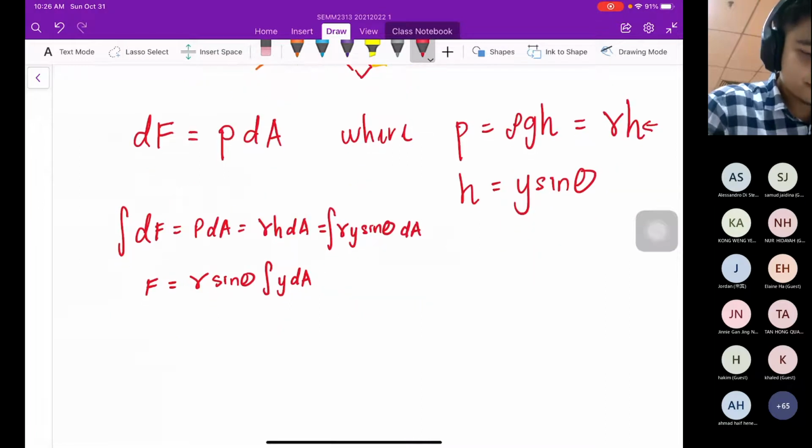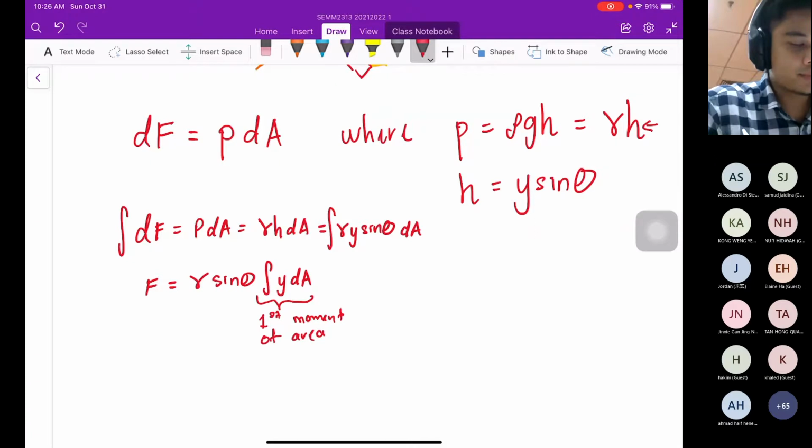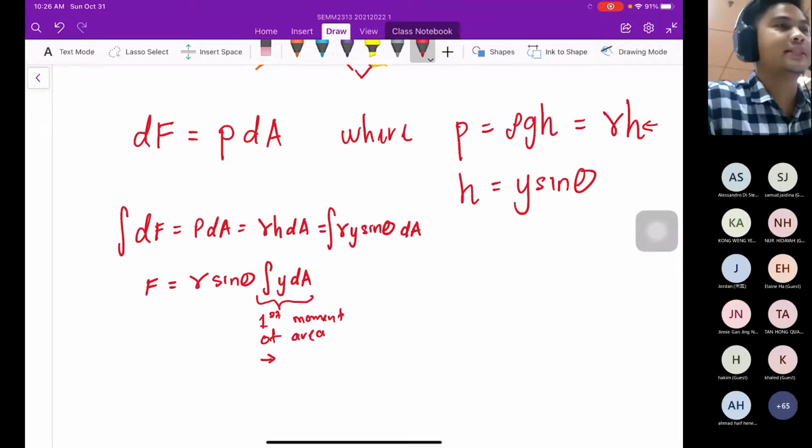So do you know that the integration of y dA basically is the first moment of area? Okay, I want to ask you, what is the purpose of first moment of area introduced by scientists?